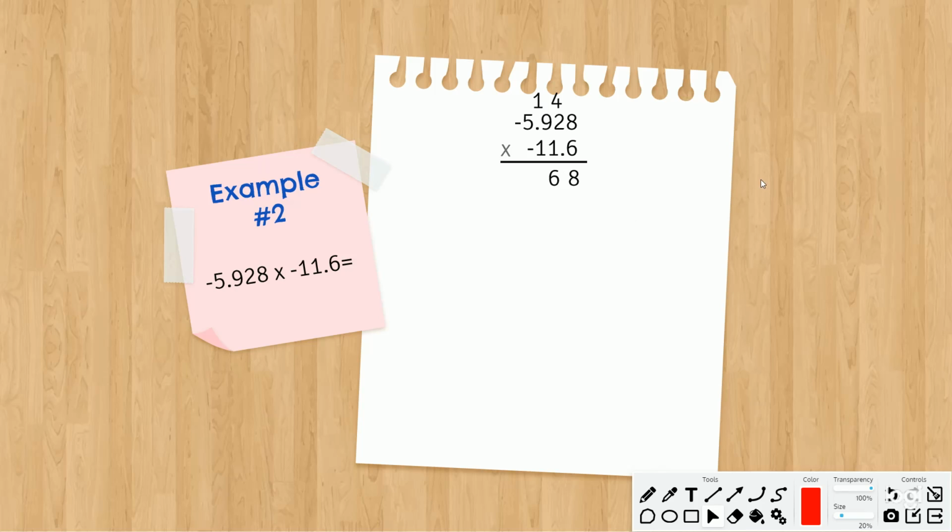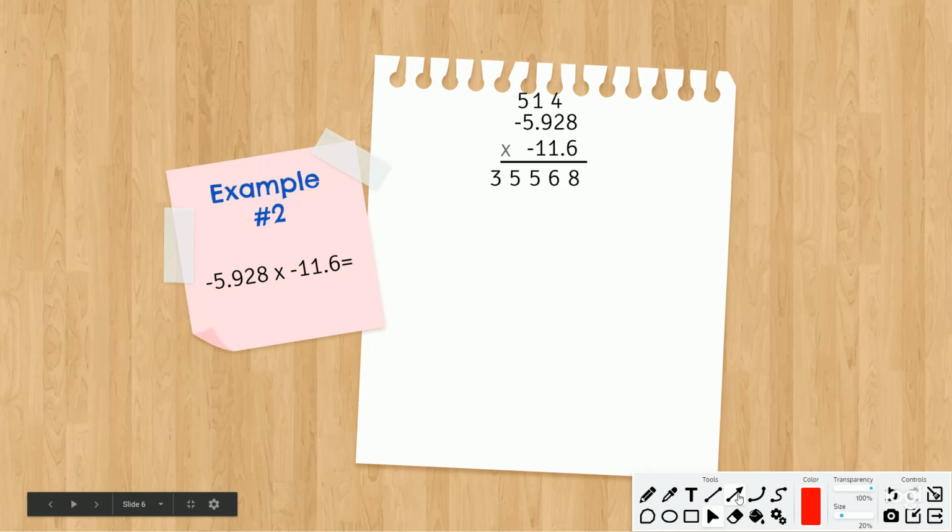The 1 goes up on top. Then I have 6 times 9, which is 54, plus 1, which is 55. So the 5 goes here, and the 5 goes up top. And then I have 6 times 5, which is 30, plus 5, which is 35.